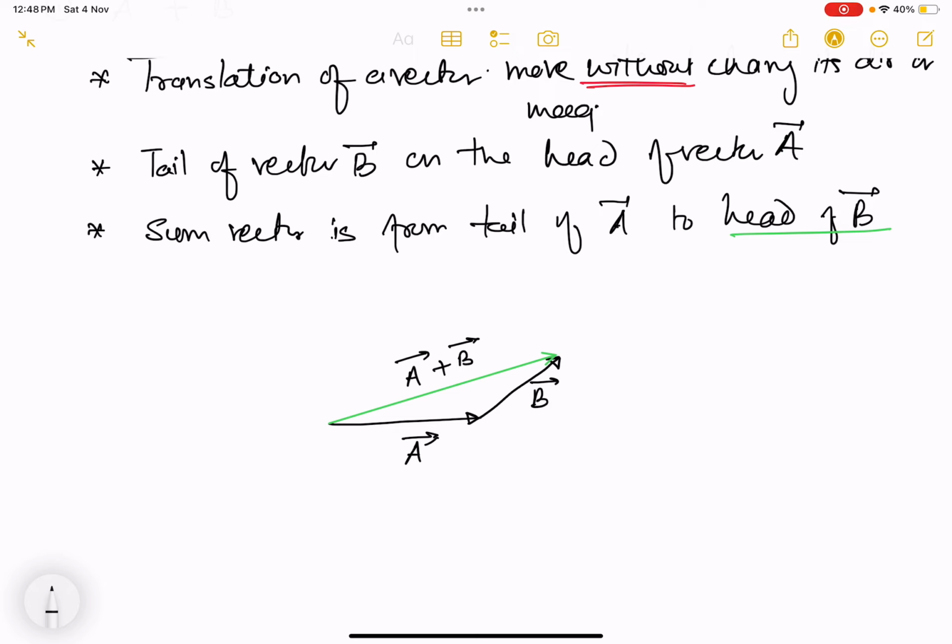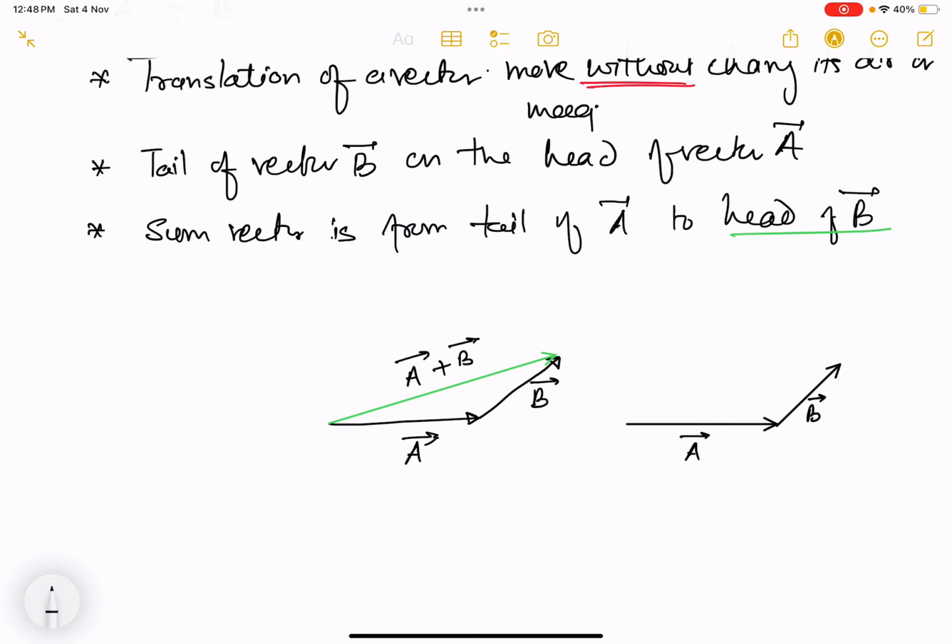You draw a vector which has the same magnitude and same direction as A. Then you draw another vector B which has the same magnitude and same direction as vector B. So what will your A plus B vector be then?